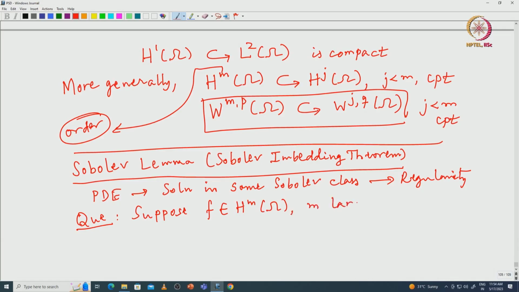How large, that we will study in this lemma. Does that imply that f is continuous, or more smooth, so differentiable, etc.?